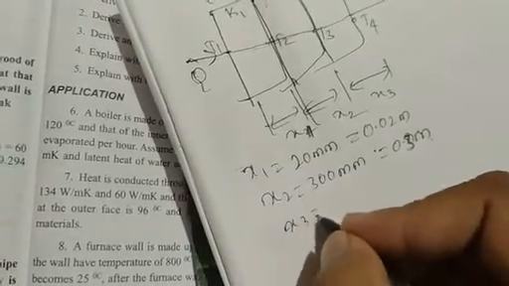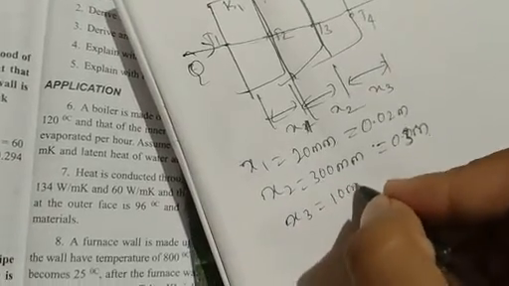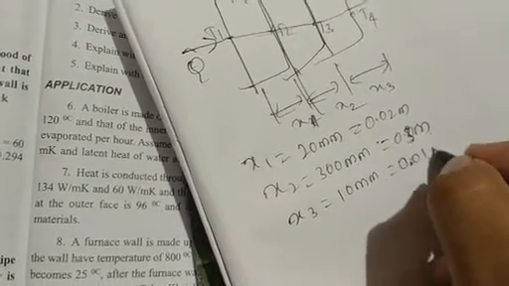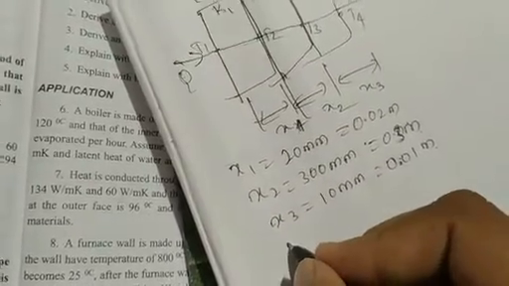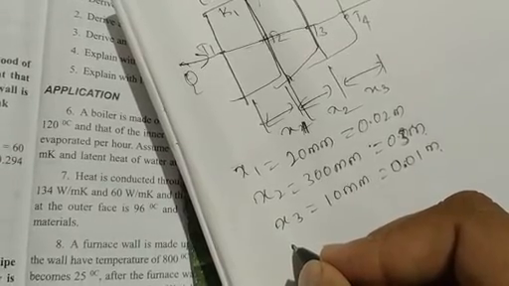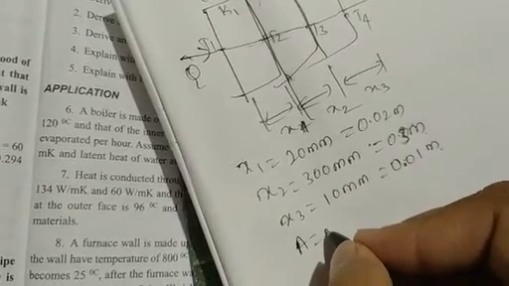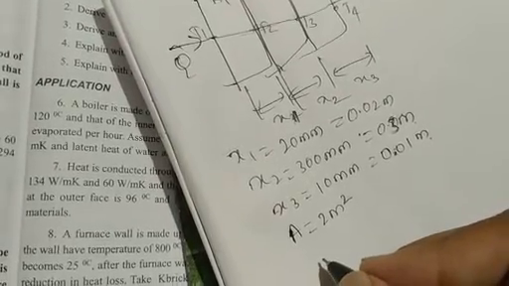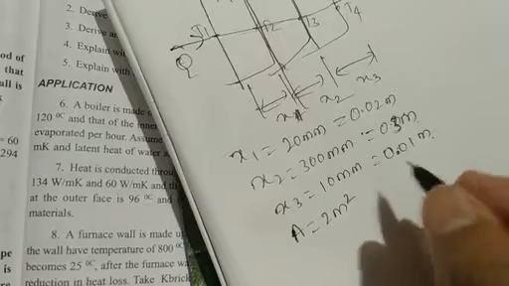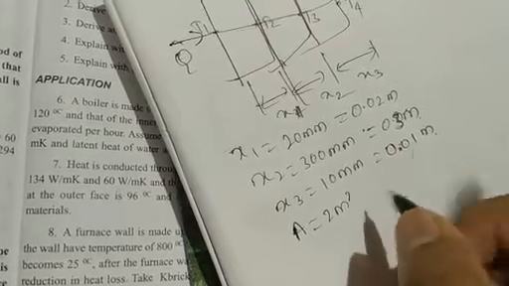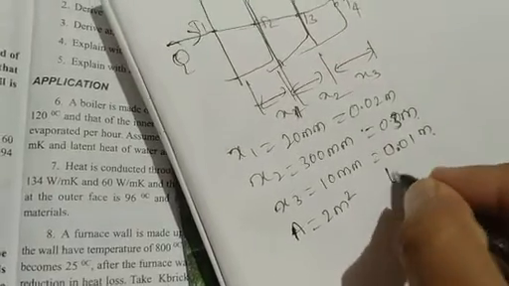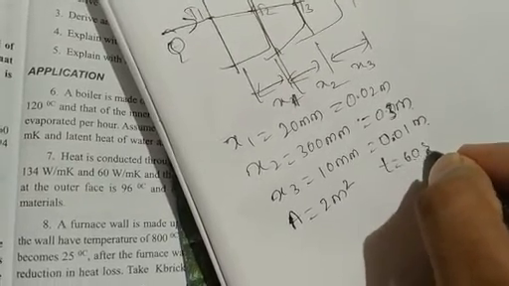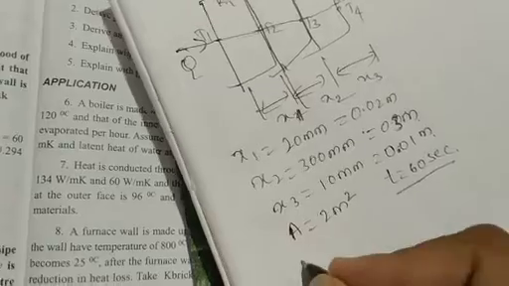Then x3 is 10 millimeter, which is 0.01 meter. Next, the area of the wall is 2 meter square, and per minute means t is 1 minute, which is 60 seconds.